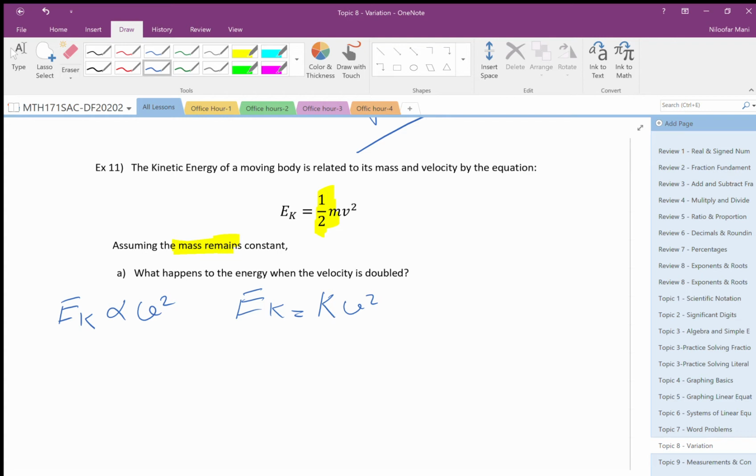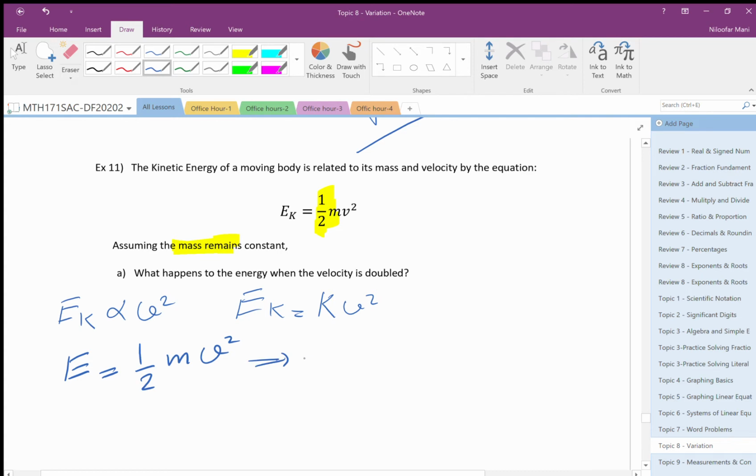Now it says, what happened to the energy when the velocity is doubled? So I can say E is 1 over 2 m v squared.